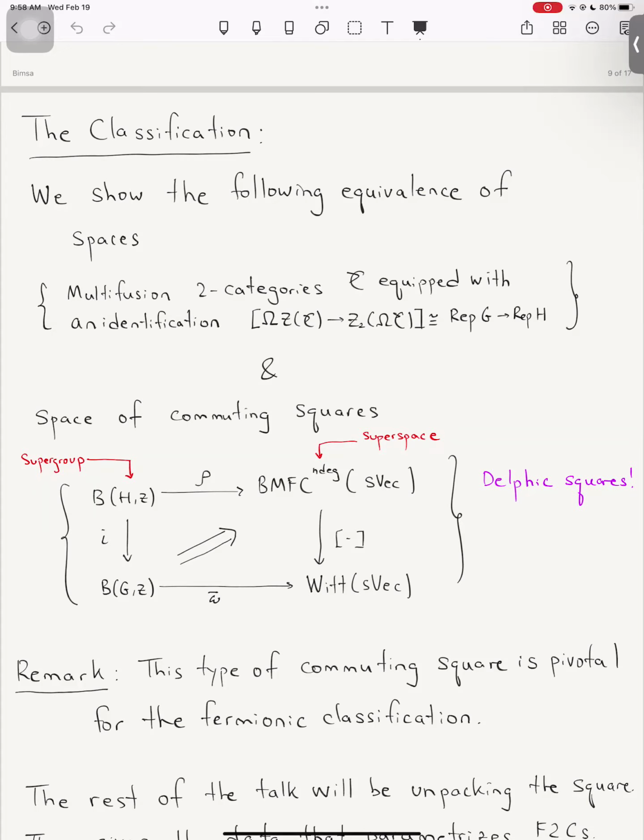So will the classification simplify the proof of the minimal non-degenerate extension? It doesn't simplify the proof, because the proof there needs some specific knowledge about two very specific types of non-degenerate braided Fusion 2 categories. Not braided Fusion 1 categories, but they needed specific data of non-degenerate braided Fusion 2 categories.